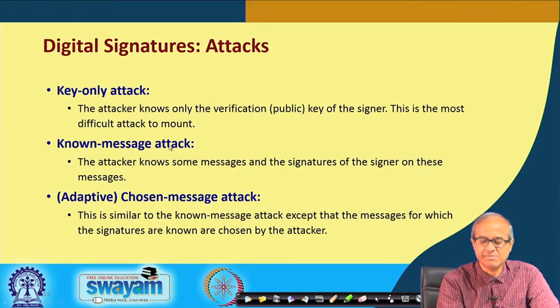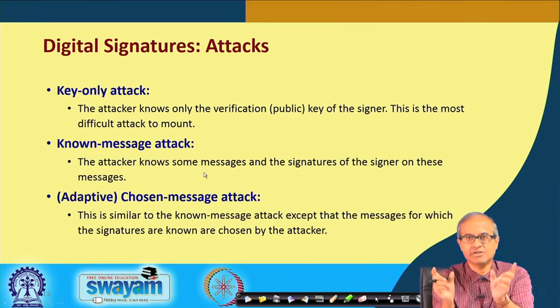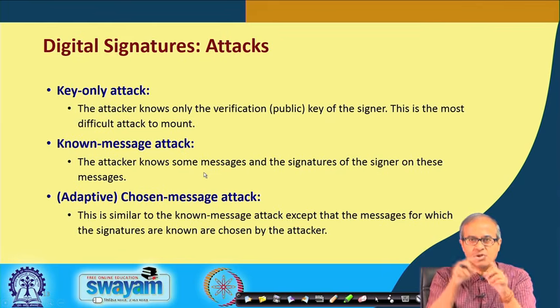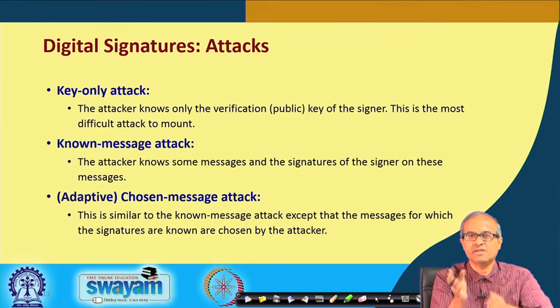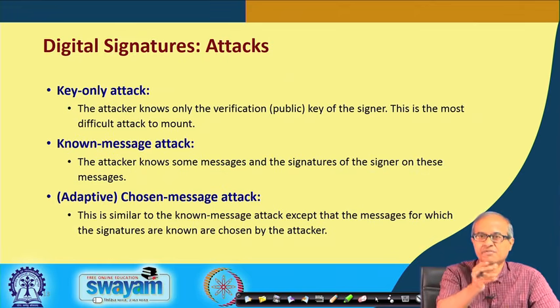Known message attack means the attacker knows some message and signature pairs. With that, the attacker can analyze and try to find out whether some modifications can be made to generate a valid signature or not.